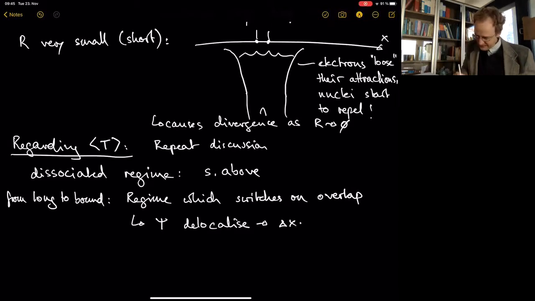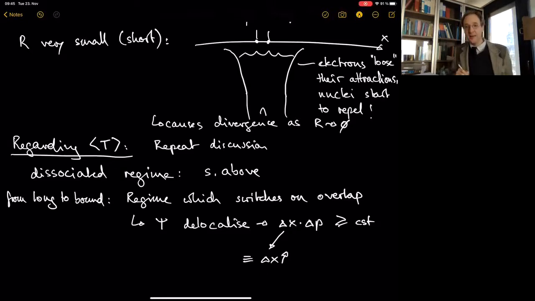Delta X times delta P is larger or equal to a constant, right? So delta X increases, that means delta X goes up, and your momenta must come down, which means your kinetic energy reduces. So that qualitatively explains this minimum as you slowly go from the long range into the bound range, right?